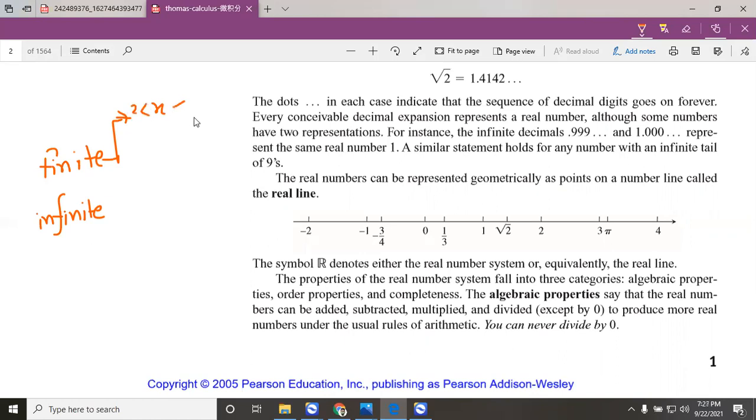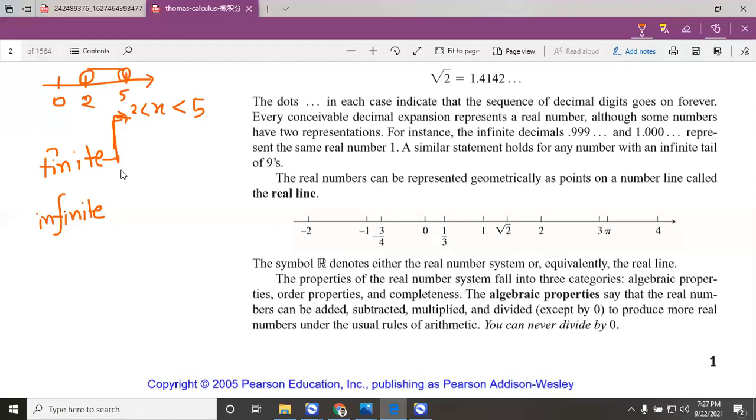If we draw this on the real line, if this is 0, this is 2, and this is 5, then the answer will be like this, 2 and 5, and we connect them. So this is a finite interval.